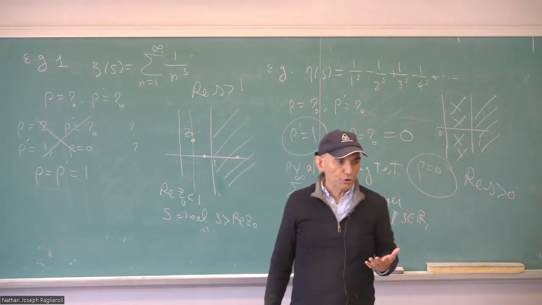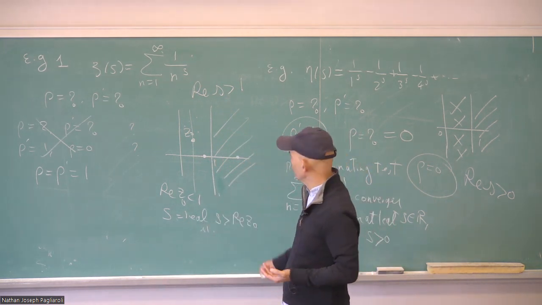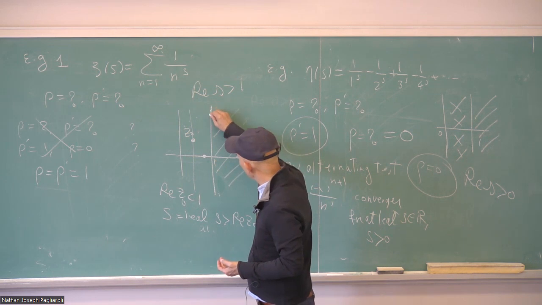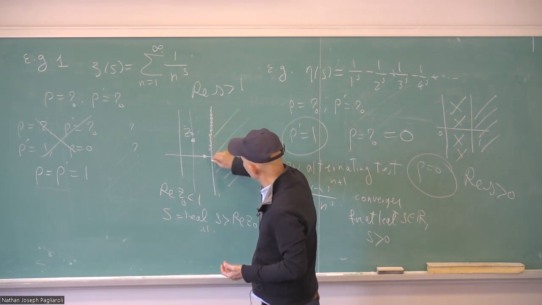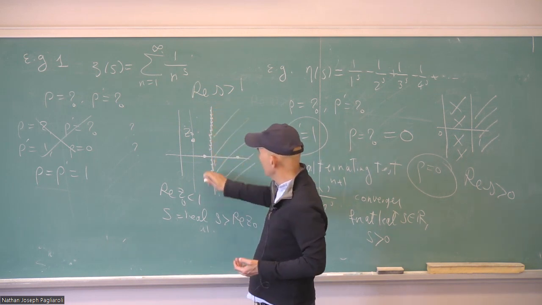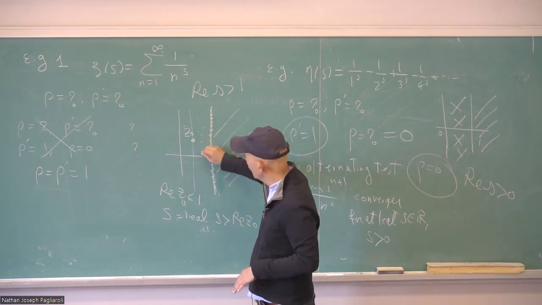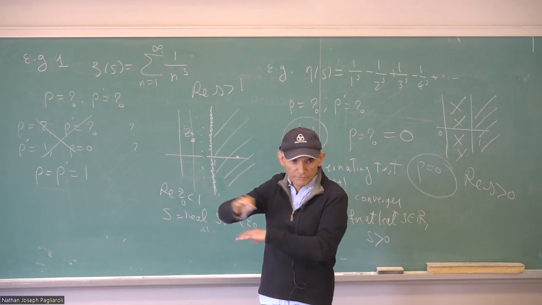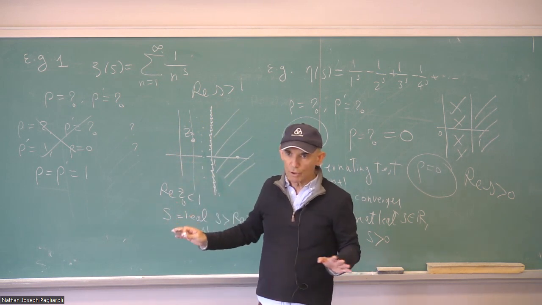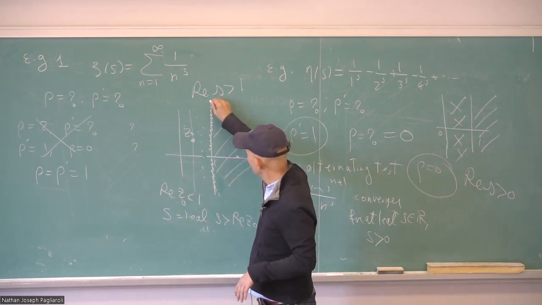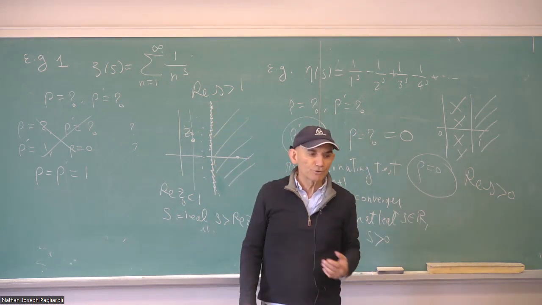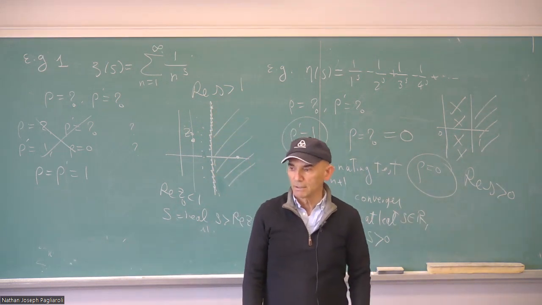Of course, it's a question whether the zeta function is convergent at these points or not, because this is a kind of critical line. We know that it is divergent at all other points below the line. That's for sure. But on the line, whether it is convergent or divergent is a delicate matter.